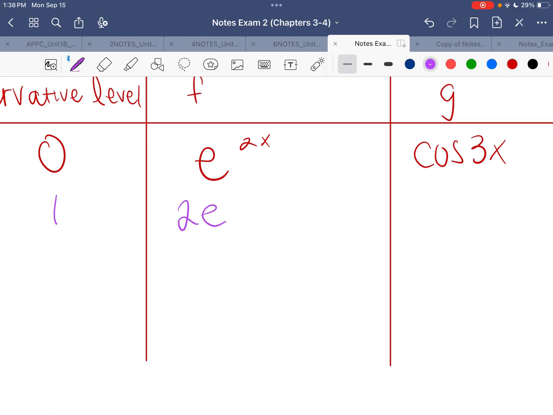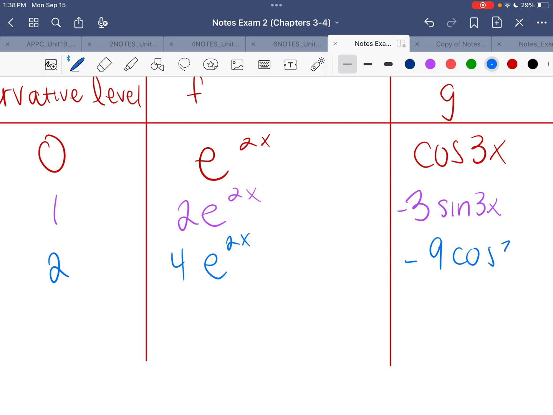So this would be 2 e to the 2x, and this would be -3 sine 3x. Second derivative would be 4 e to the 2x and -9 cosine 3x. And we need to get down to the third derivative: 8 e to the 2x and 27 sine 3x.